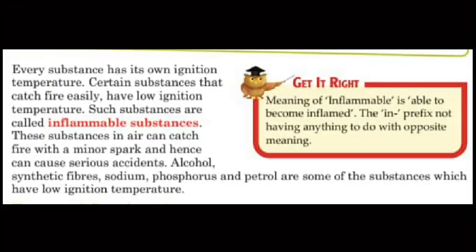These substances in air can catch fire with a minor spark, even a small spark can set them on fire, and hence can cause serious accidents. Alcohol, synthetic fibers, sodium, phosphorus and petrol are some of the substances which have a low ignition temperature.